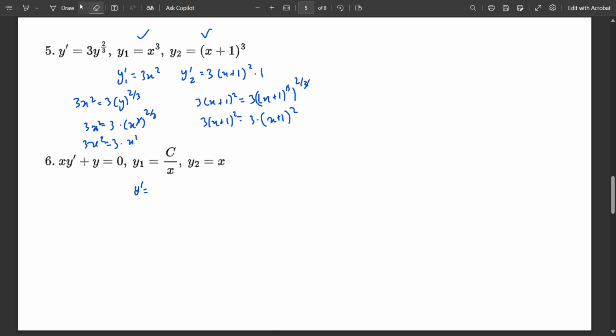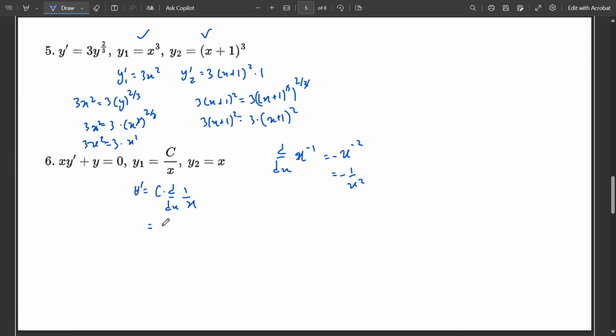As we can see here, c times the derivative with respect to x of 1 over x. And the derivative of 1 over x, we can write as x to the negative 1, which gives negative x to the negative 2. So we have negative 1 over x squared.